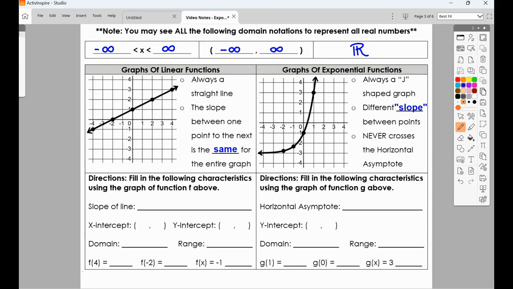Let's talk about our characteristics of graphs of linear functions. As a reminder, they're always a straight line, just like we saw in our last Desmos application. And the slope between one point to the next is always going to be the same for the entire graph. Speaking of slope, let's find it for this graph here.